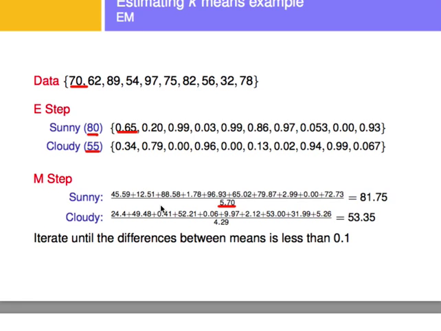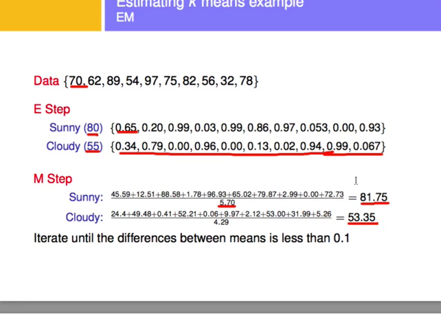I multiply all these values, and then I add them together, and I get that the new mean is 81.75. Then I will do the same, but for the cloudy days now, with this set of numbers, and I will compute the mean, and that gives me 53.35.